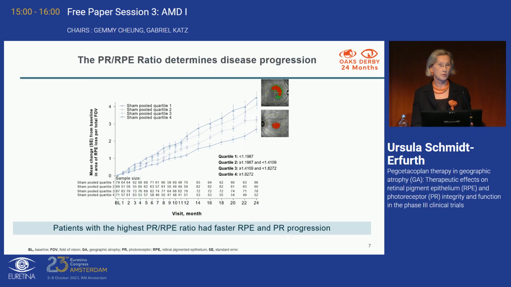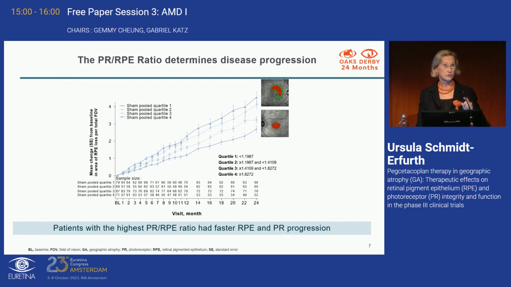The last most important point for us to understand is that the photoreceptor RPE ratio, so this difference between red and green, is most important as it determines disease progression. As you can see here, we distributed these different areas between quartiles 1 and 4, and you can clearly see that disease progression is twice as high if there is a difference between the photoreceptor and the RPE loss area.